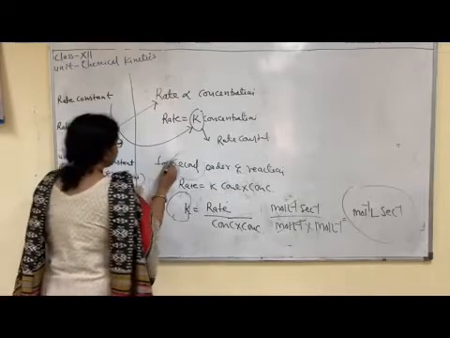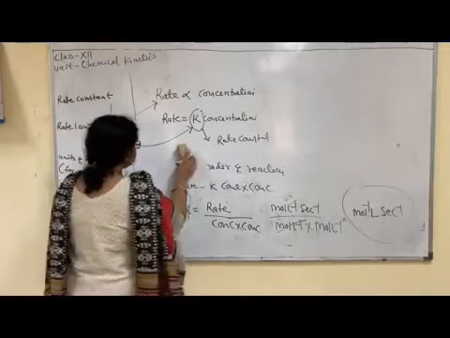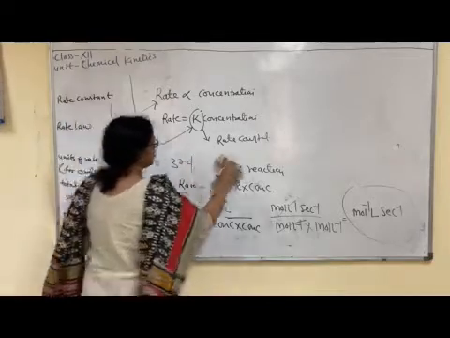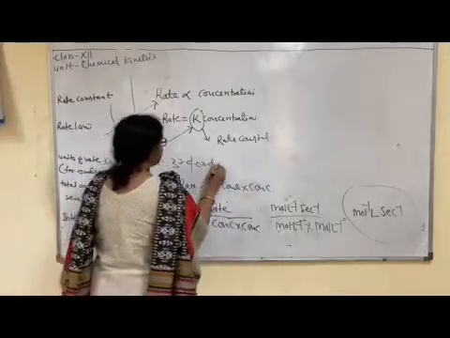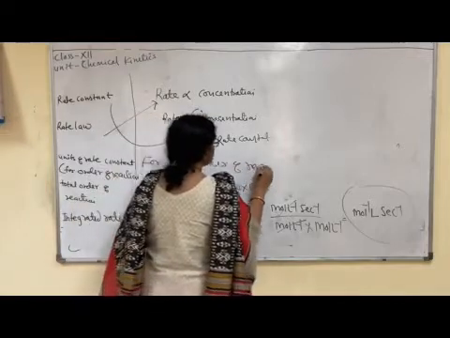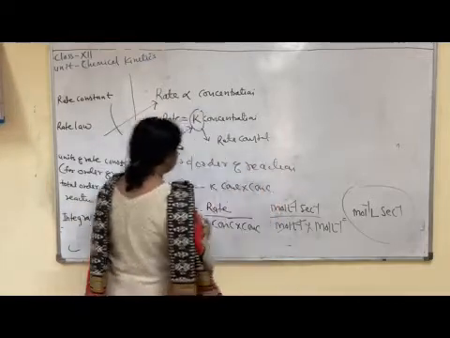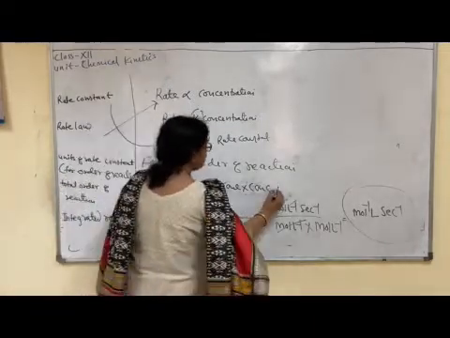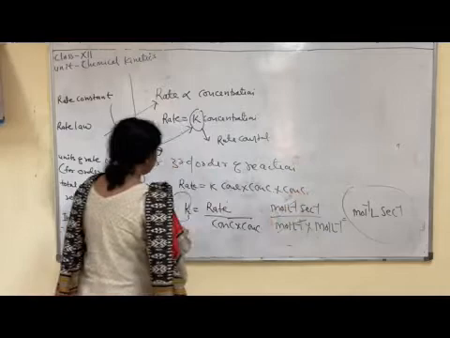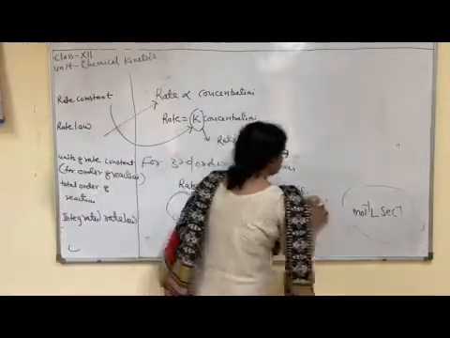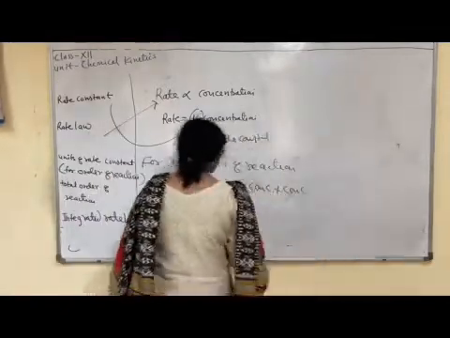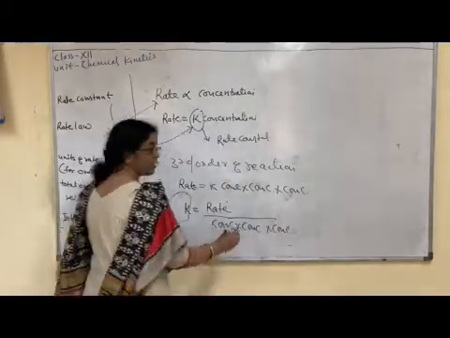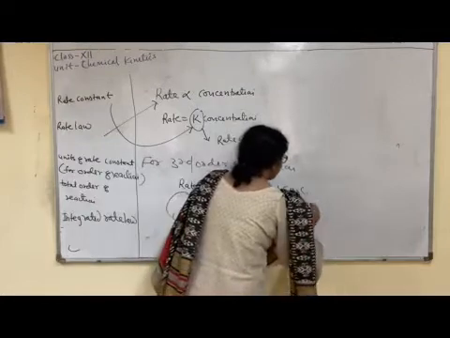Last one is for third order of reaction. For third order, how many concentration terms are required? Three. Three concentration terms are required. Rate upon three concentration terms. Right? Again, same unit of rate.